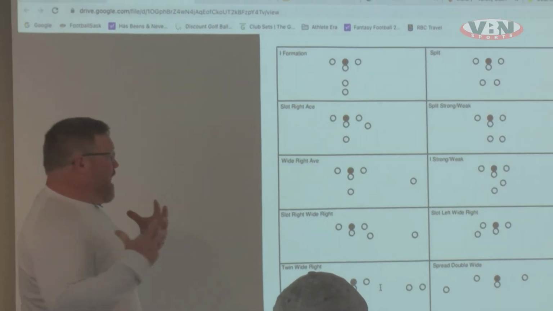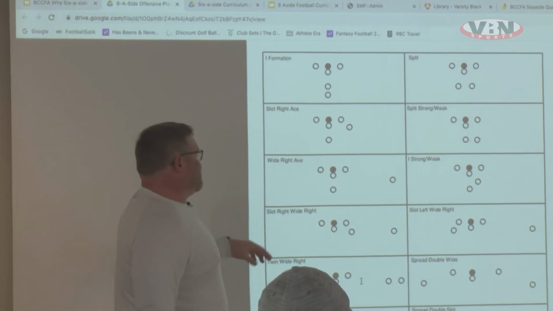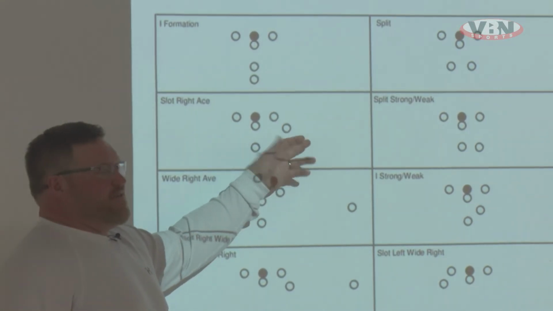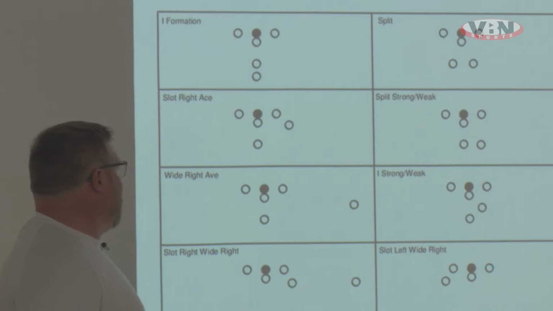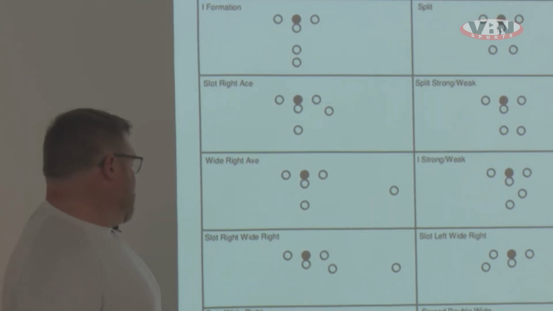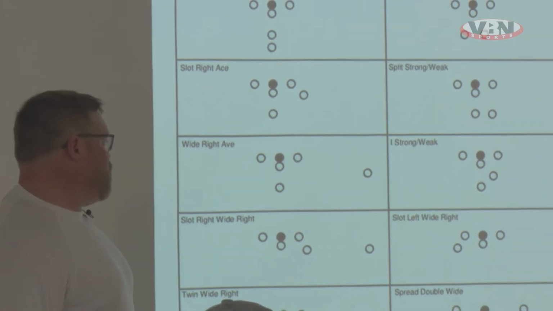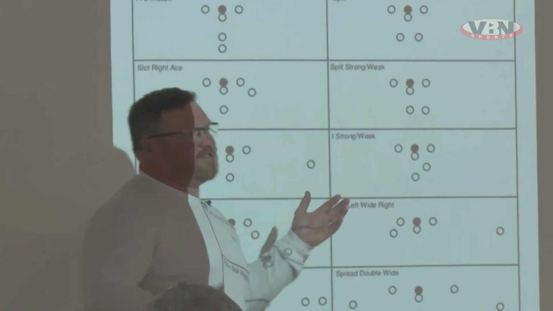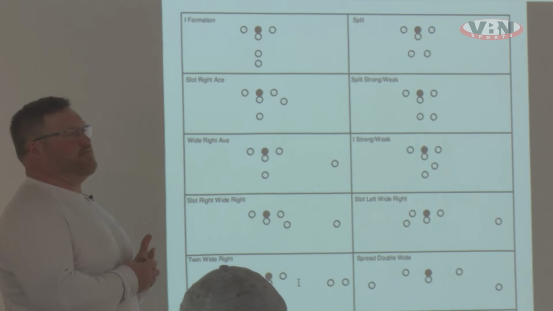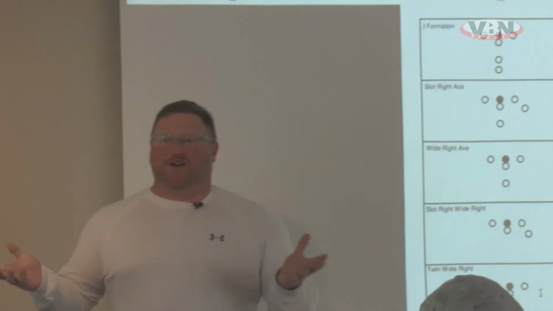Again, this is my terminology, how I like to do it. I call a near receiver a slot and a wide receiver a wide. When there are 2 people on the same side, I call it twin. When there are 2 people on opposite sides, I call it double. It's like learning a new language, right?